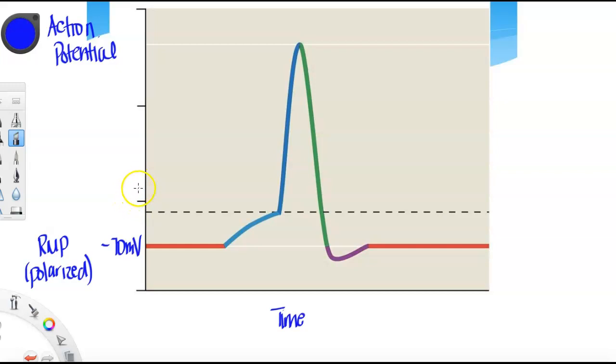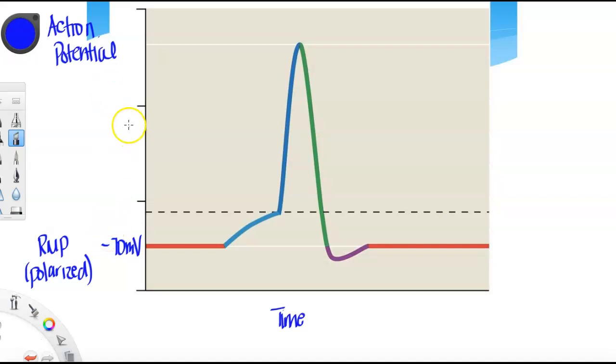So in the membrane, the cell membrane, we know that the cell membrane is polarized, and that means the inside of the membrane is negative 70 millivolts. So the inside is negative and the outside is positive.